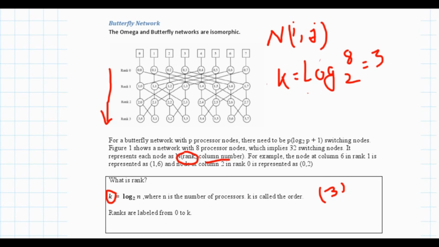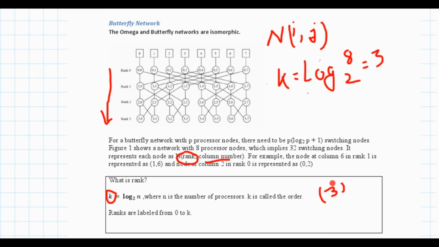Then let me move to rank. If order is k, then ranks will be labeled from 0 to k. Now, from this generalization, try to find the ranks for this particular example.